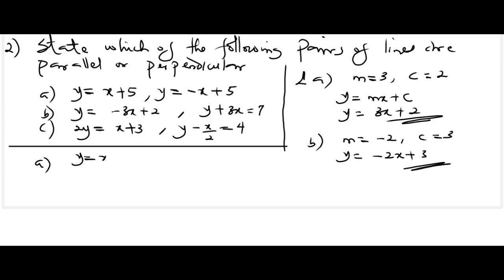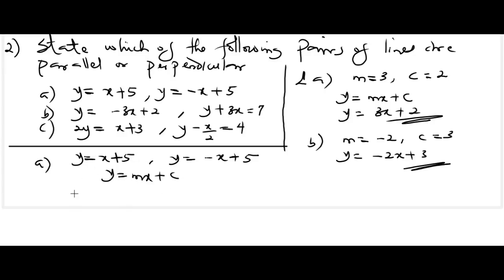So for y equals x plus 5 and y equals minus x plus 5, we need to get their slopes in order to check. Now, how do we get the slope? You need to compare each of these lines with y equals mx plus c. So once they are in this form, it will be easy for you to get the slope.